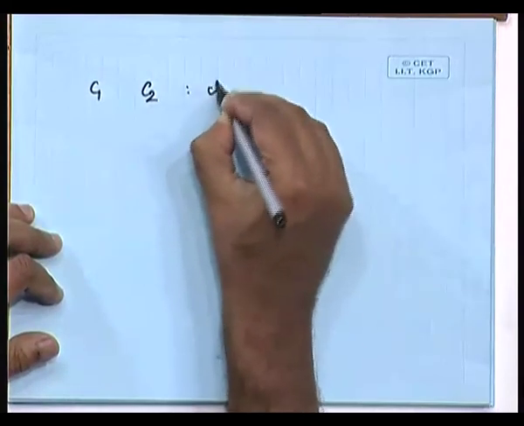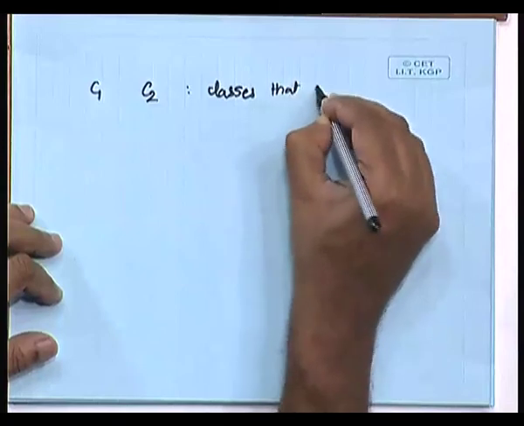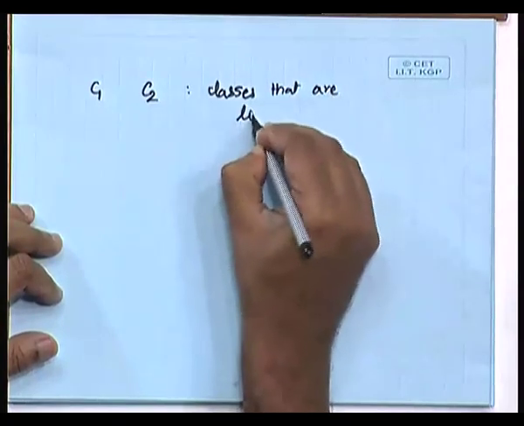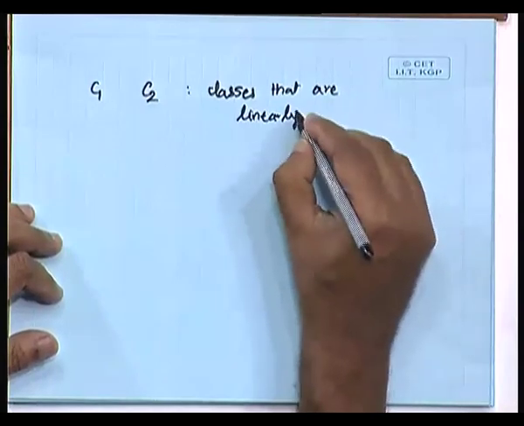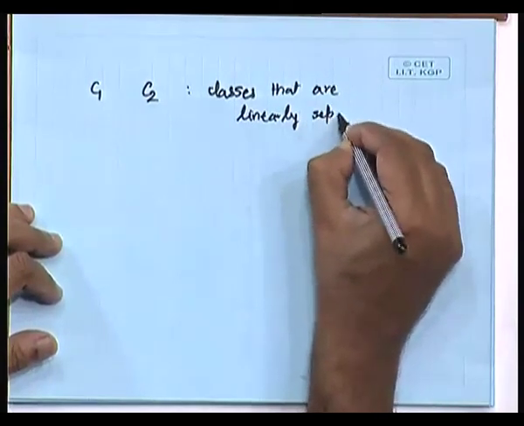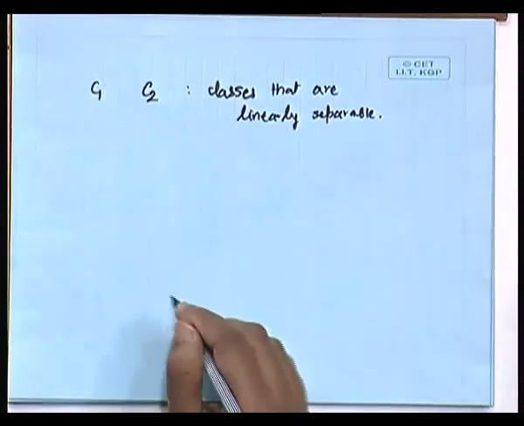These are classes that are linearly separable. In fact, both these classes C1 and C2 will exist in a multidimensional space actually.